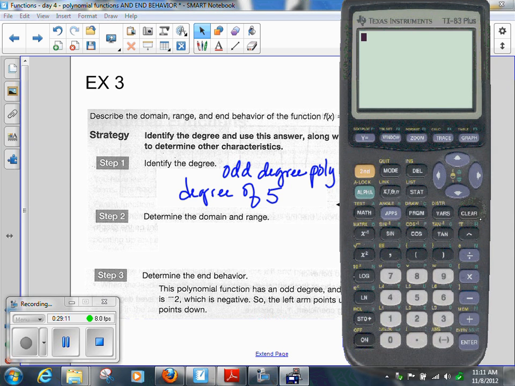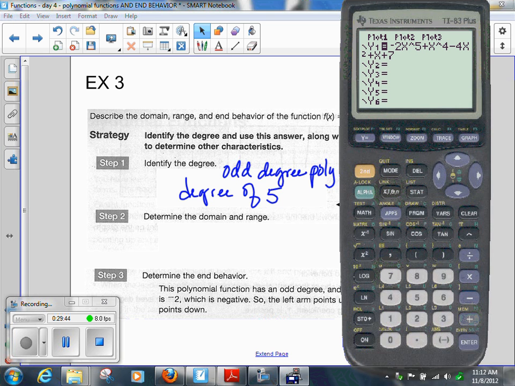All right, here we go. Negative 2x to the 5th plus x to the 4th minus 4x squared plus x plus 7.